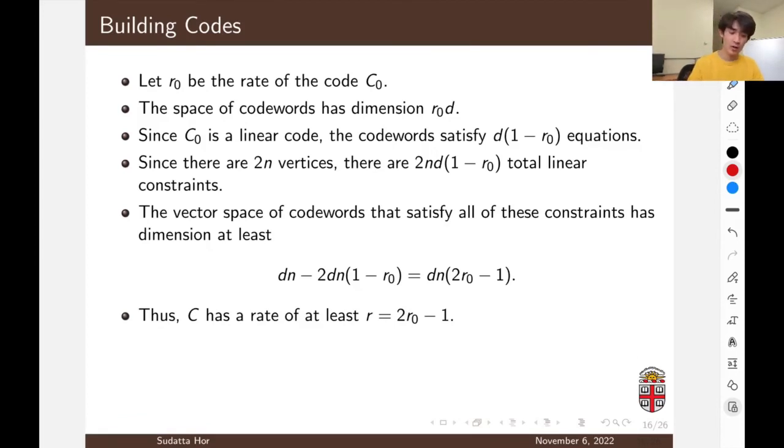So let's say R naught is the rate of our original code C naught, and if we remember, the definition of a rate is m over n, and for C naught, in this case, n will be d, so the original message length will be m equals R naught times d.